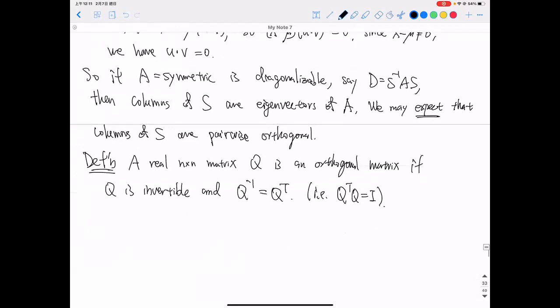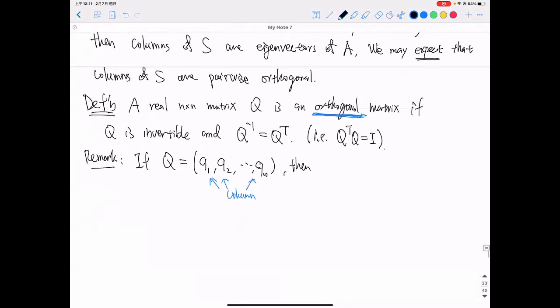Now it is immediate to work out the following remark, that if Q is written in columns Q1, Q2, Qn, again these are columns, then here is how we understand the condition of being orthogonal matrix, right?